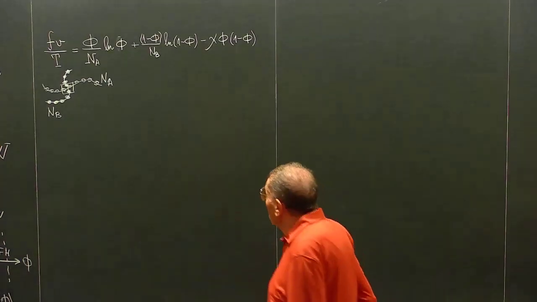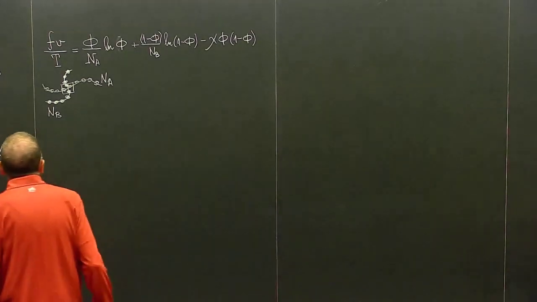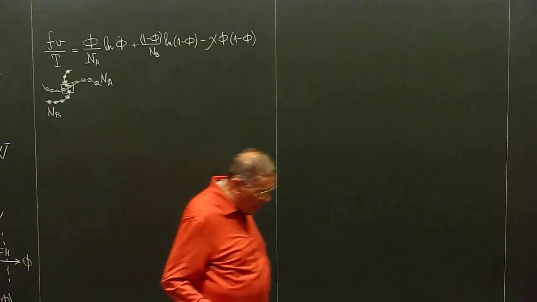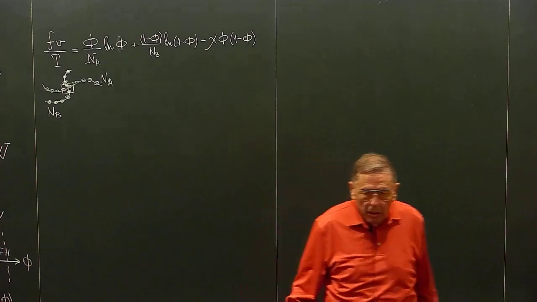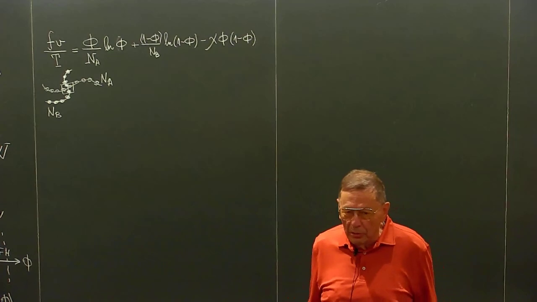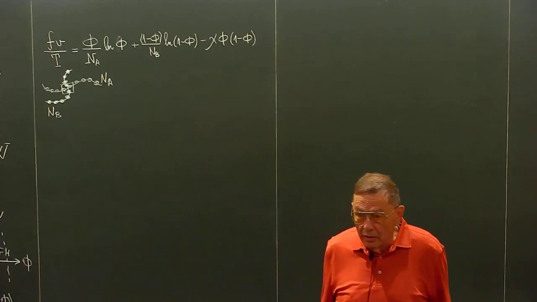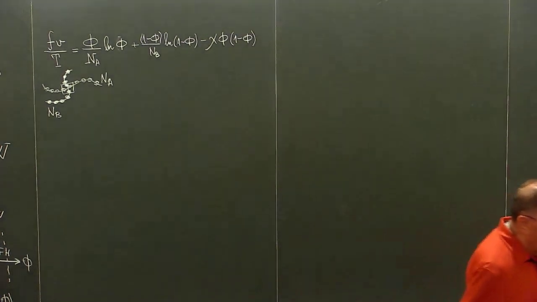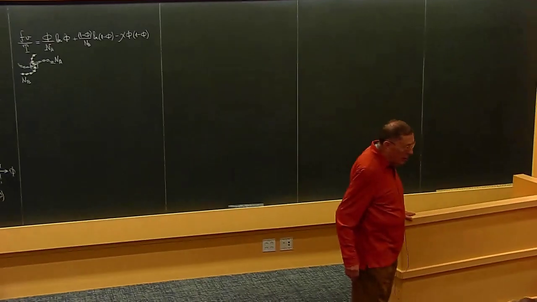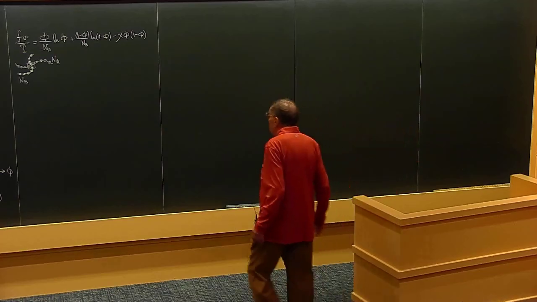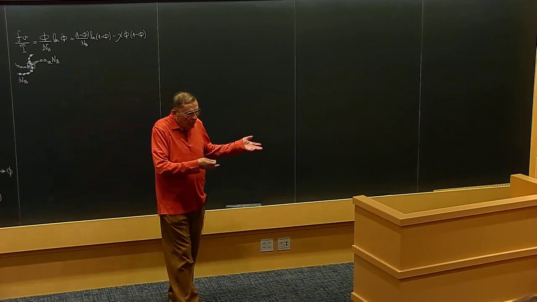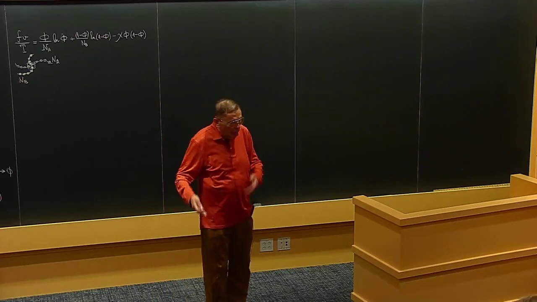F over T is free energy per unit volume. V is the volume of one monomer, or one unit in the lattice model. And T is what many of you would prefer to call kT. But the A and B parts are only different by substitution of phi with 1 minus phi, right? To the extent that this is an incompressible object, one of them has density phi and another 1 minus phi.